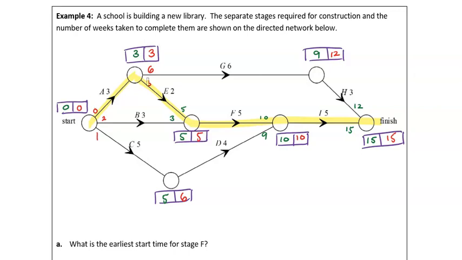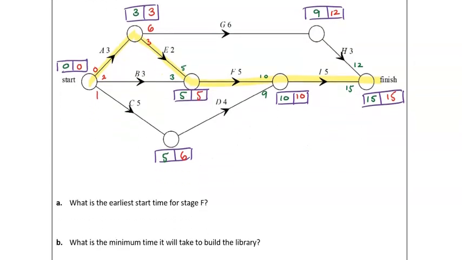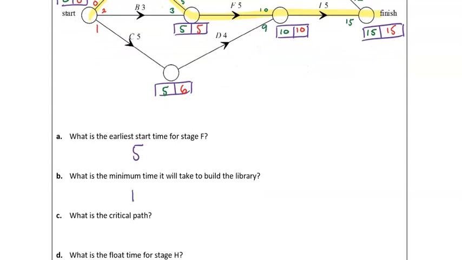So first question there is, what is the earliest start time of F? So F, earliest start time, 5. What is the minimum time that it will take to build the library? That's our finish time, so 15. What is the critical path?